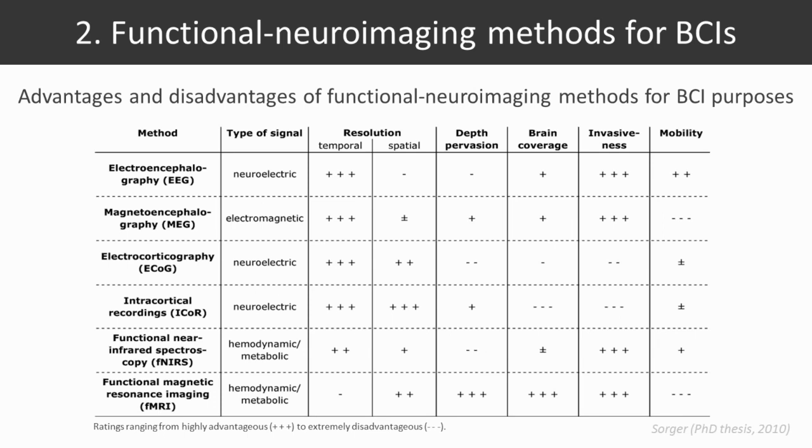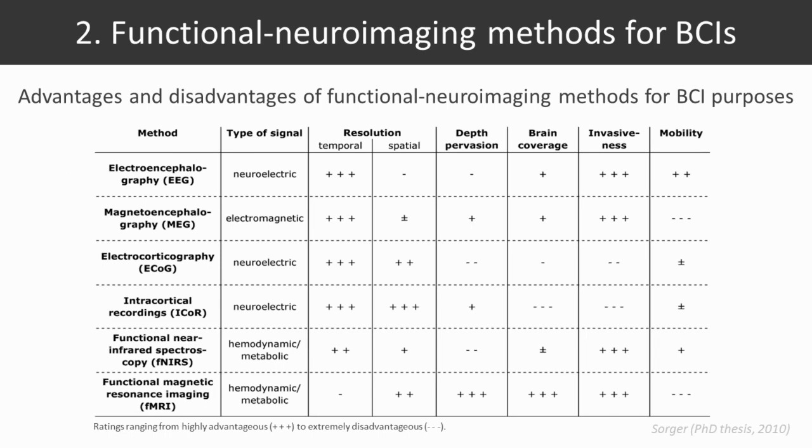So temporal resolution refers to the question how fast can we measure brain signals. So it concerns actually the sample rate of a method, and of course the higher it is, the better it is. And as you can see here, because it's indicated by 3 pluses, the highest temporal resolution is for the neuroelectric methods.